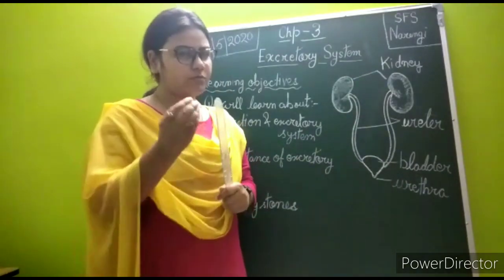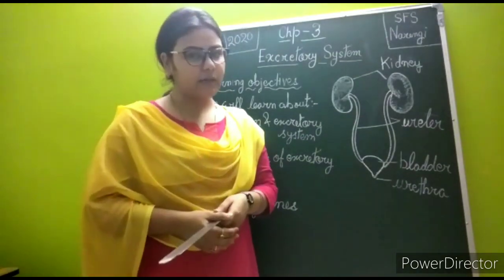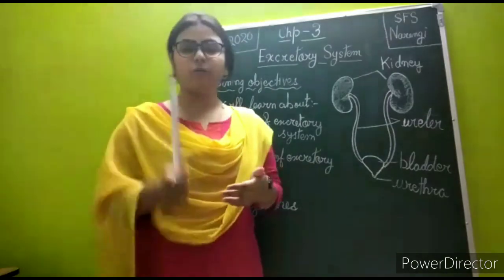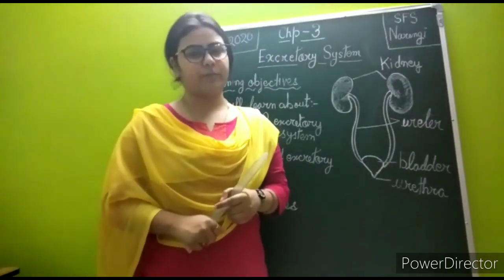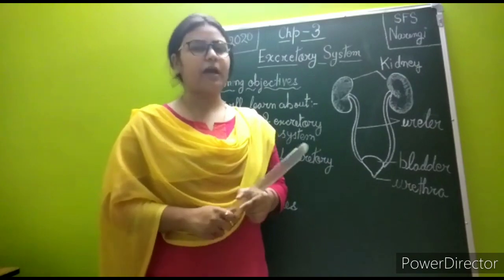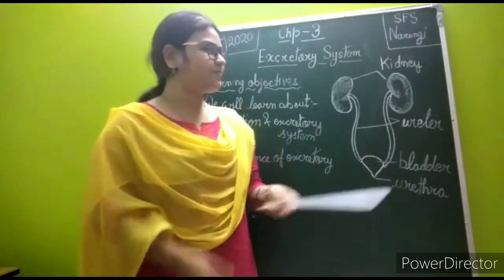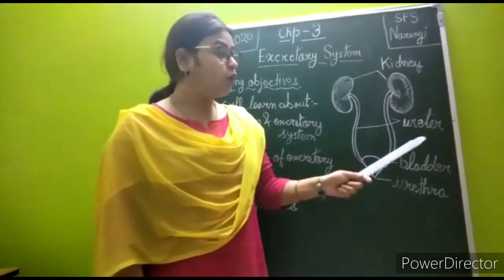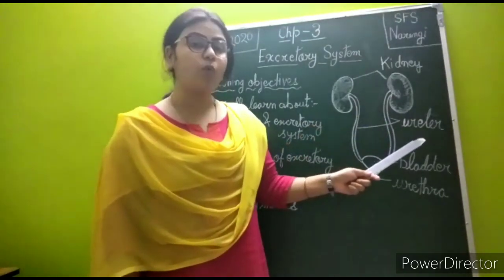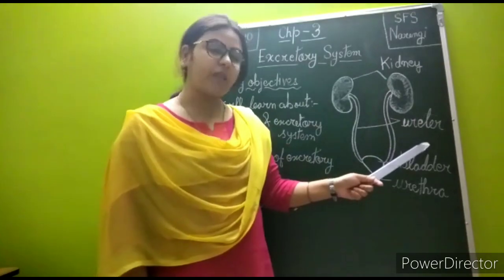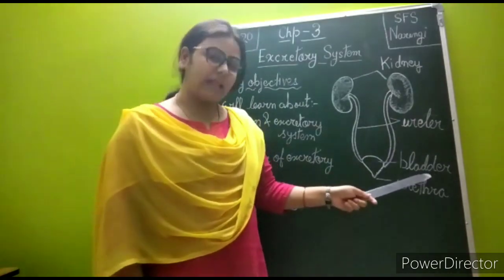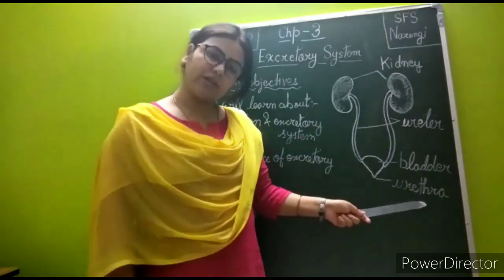A few little hard names, I know, but once I want all of you to repeat along with me, so that it becomes easy for us to pronounce this. Kidney, ureter, bladder and urethra.